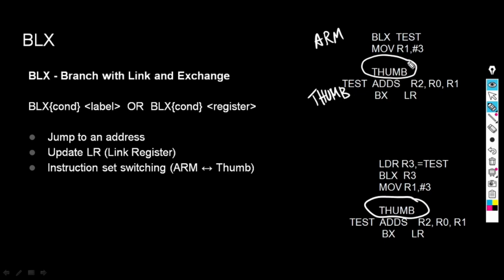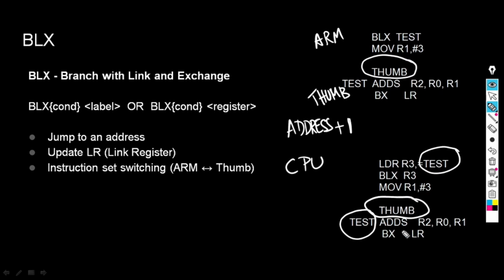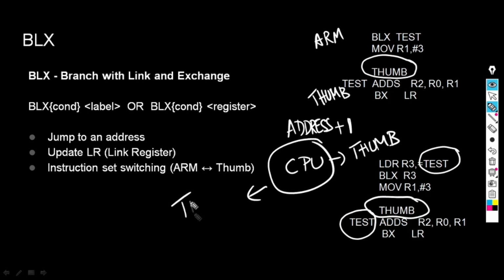This is a very important step to remember, because as soon as this is determined, if there is a register filled with some address which points to a thumb section, the assembler adds 1 to the LSB of the address, because of which the CPU will understand that the subroutine belongs to the thumb instruction set, and its execution state is changed from ARM to thumb.